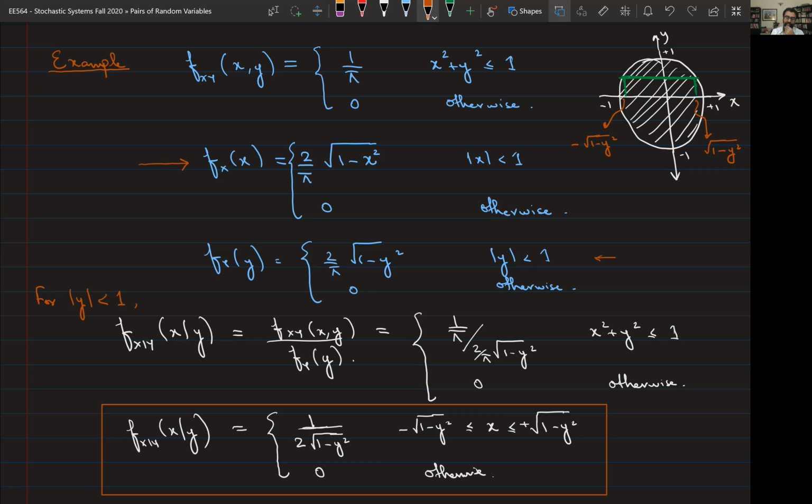And this conditional PDF on X given Y has actually changed the behavior of X. So there's some sort of statistical relationship, or dependency, between X and Y in this particular example. We're going to talk about this in just a bit, perhaps towards the end of the class. Any questions here before I move on?